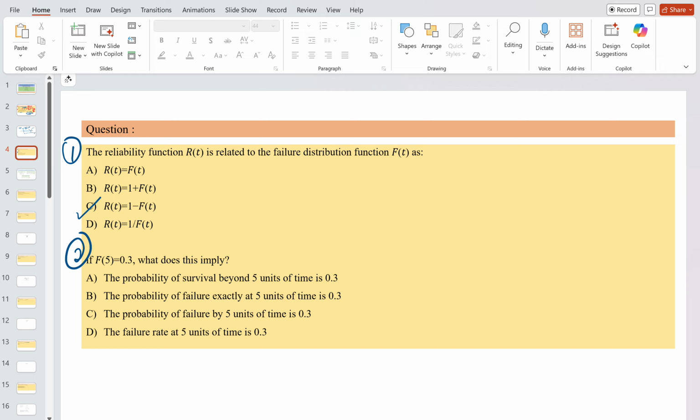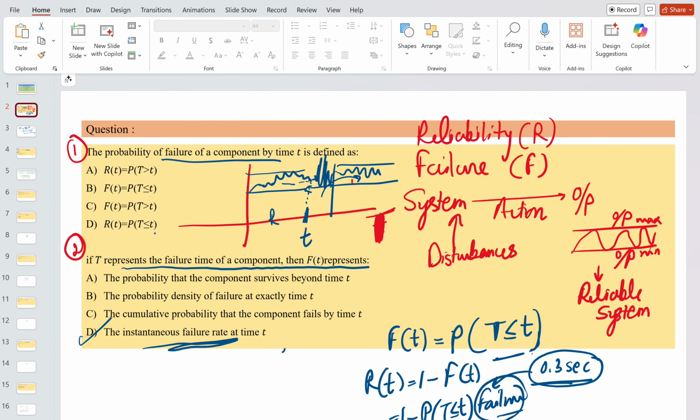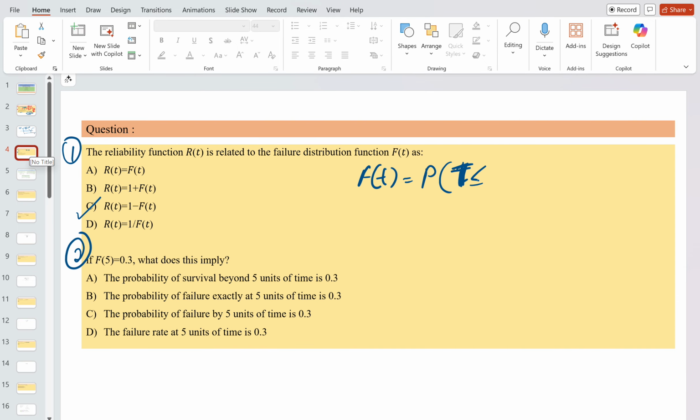That is true. We have already seen that F(t) is the failure probability, which is equal to the probability that time T is less than or equal to t. And reliability is basically the probability of T greater than t.